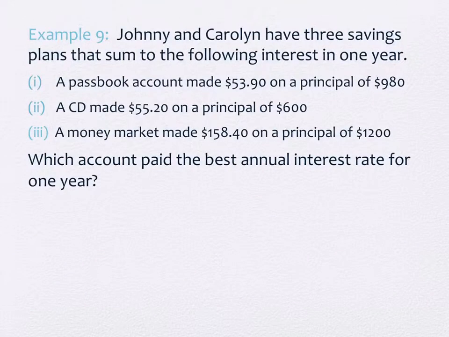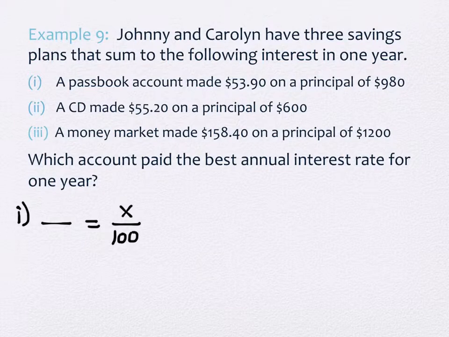Okay, so we have our passbook account, number 1, and they make a certain amount of money, and we can work with this in a proportion form, just like we did last time. Okay? Our question is to find the percent rate, that is x over 100. What percent out of 100? So the value that goes on bottom would be what for problem number 1? 980, yes, thank you.